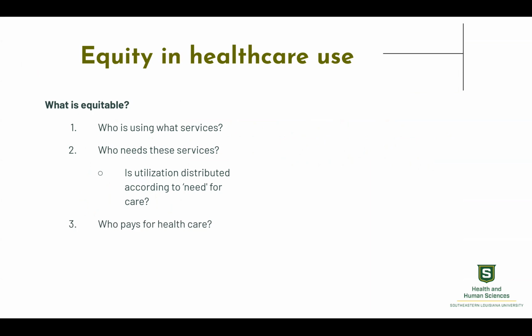And then you also have to consider who pays for the healthcare service and what's contributing to the health system's ability to pay. Some health systems are not built around improving people's ability to pay.